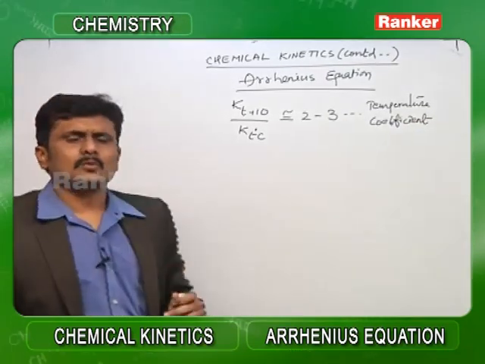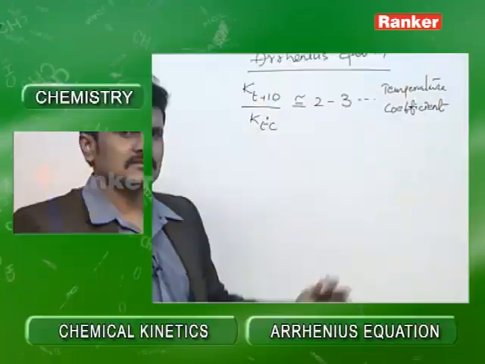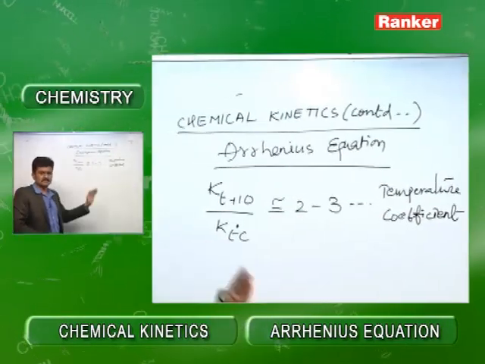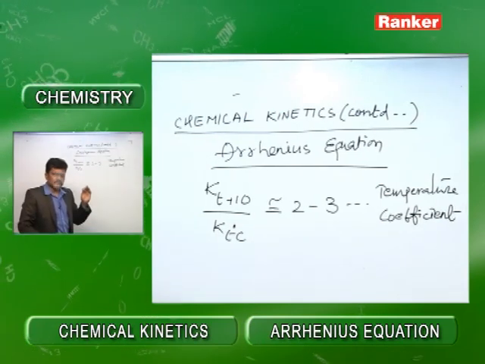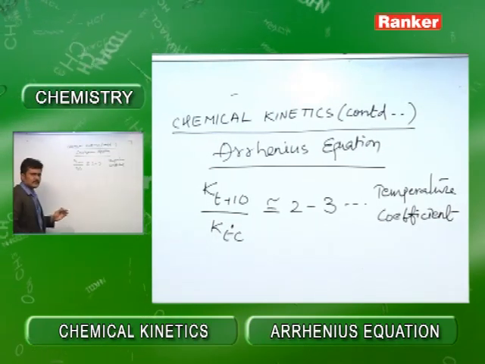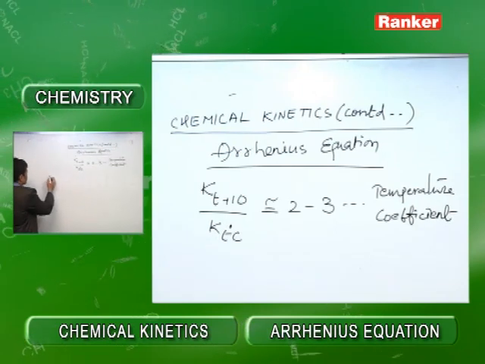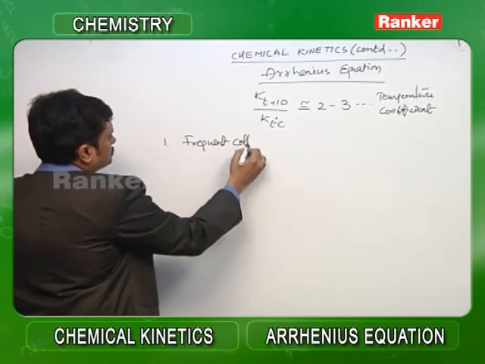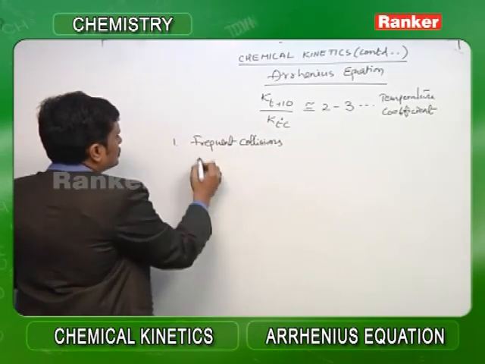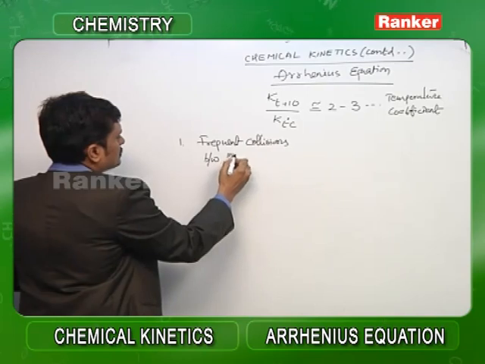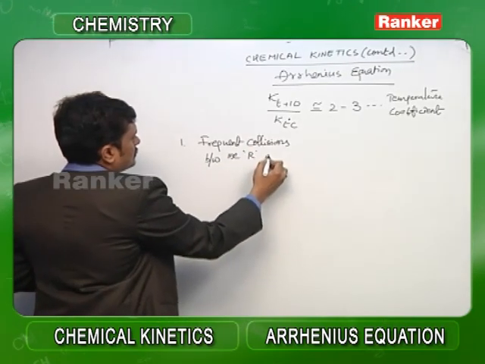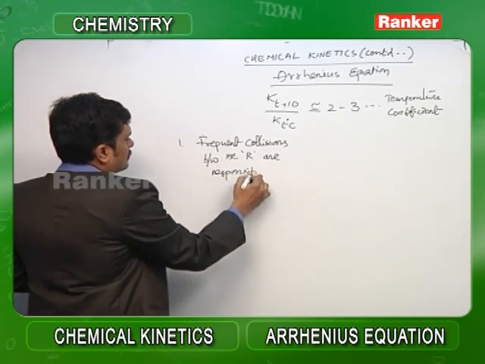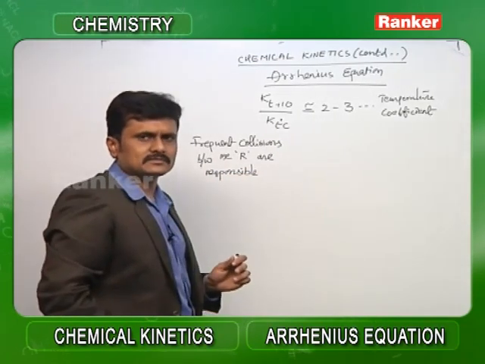So let's ascertain why there is such a phenomenal increase in the rate of the reaction when temperature is increased. As we are well aware, the frequent collisions between the reactant molecules are responsible for a reaction to take place.